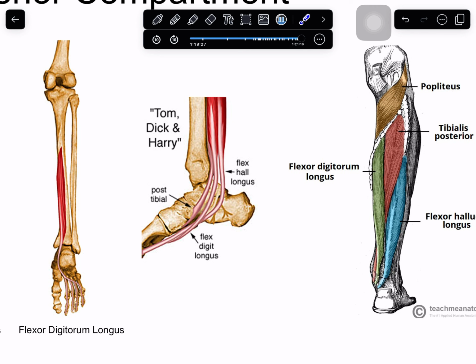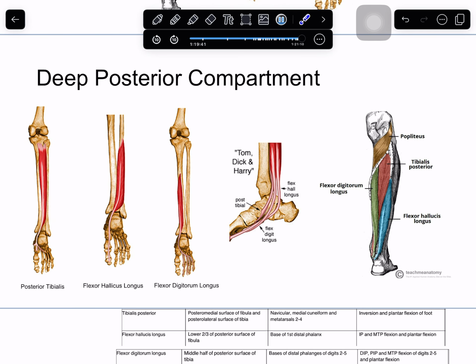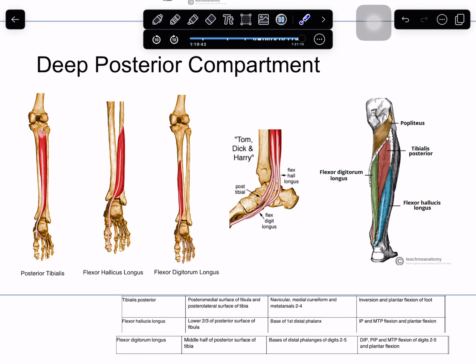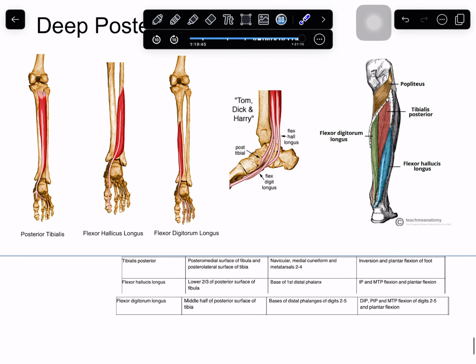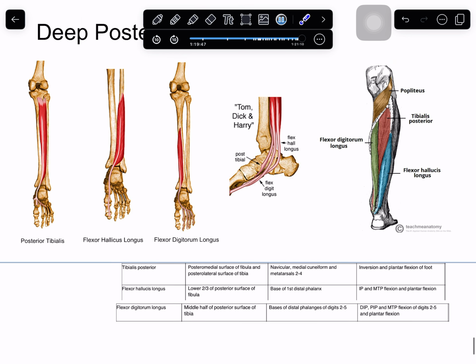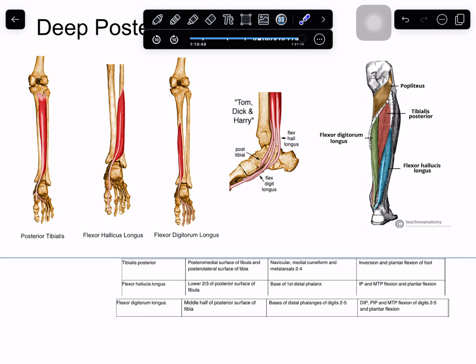So for the posterior compartment, Tom would be the tibialis posterior, Dick would be the flexor digitorum longus, right? And then Harry would be the flexor hallucis longus. This can apply to either the anterior or the posterior portion, right? So it's just a little fun way a lot of people use to remember those muscles.